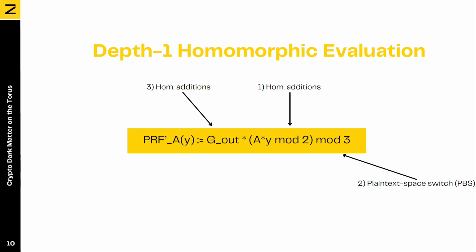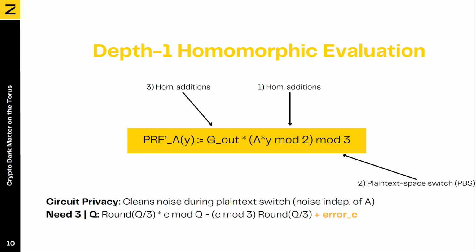Then you want to consider the resulting ciphertext as a ciphertext with a modulo 3 plaintext space. And to do this, you do the PBS, essentially one PBS per entry of a vector, where the PBS operation is described in the previous slide. And finally, you can do the last step, which is homomorphic additions, to implement the multiplication by G out.